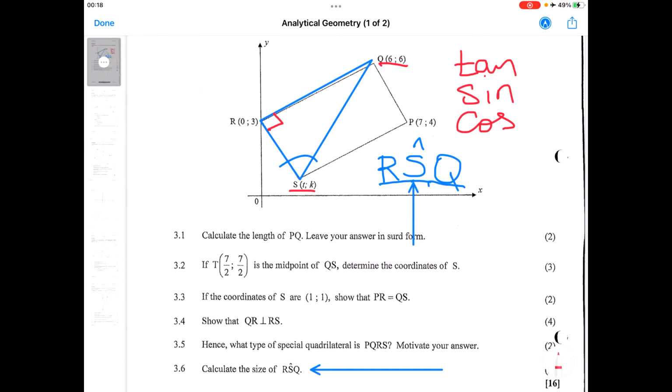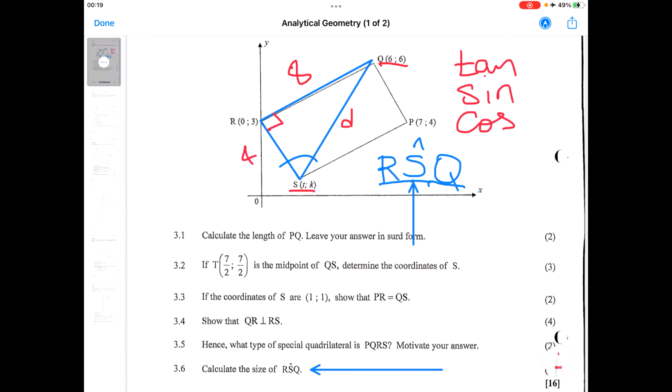I'll just give you guys an example. Let me not write a number, but let's say we calculated QS and the distance there was D for Desmond. And then let's say we calculated the distance of QR, and let's say that was 8. I'll just use a number so that it makes sense. And if you calculate RS, let's say you find it to be 4.